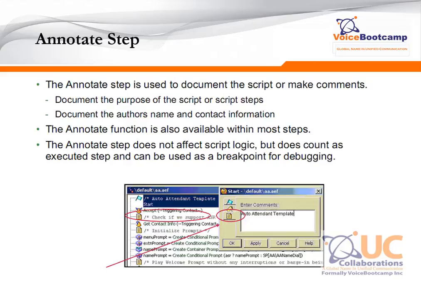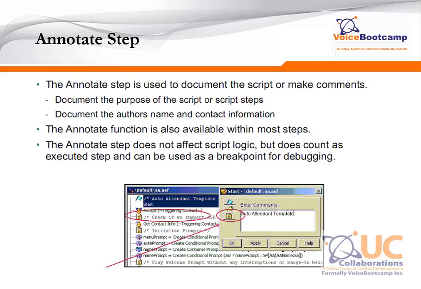Annotate functions are available within most steps. Every step can have its own comments. The annotate step does not affect your logic because it is just for documentation purposes and does not count as an executed step. It could be used as a breakpoint for debugging, meaning that you can start debugging from that particular comment onward.